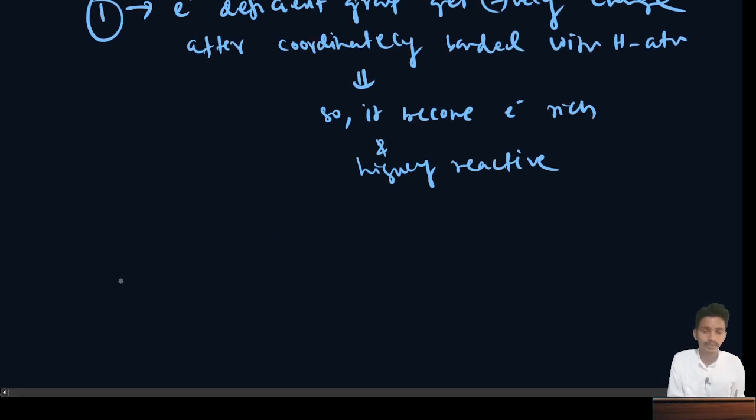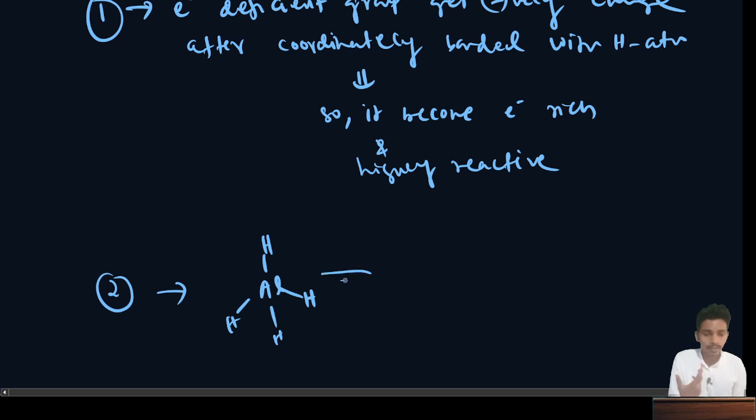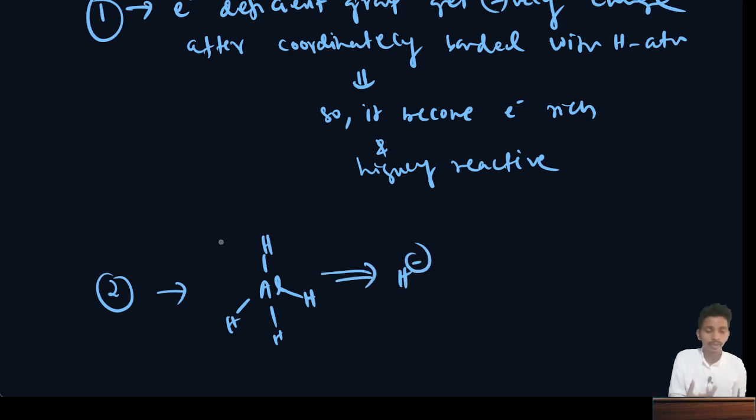And the second reason is this aluminum with its four hydrogens, where we are getting H minus. The valence electron of hydrogen is in the 1s orbital, and for aluminum the valence orbitals are 3s and 3p. The bond between 3s and 3p orbitals is very weak, because the orbitals differ in size and shape, so the bond formation between them is very weak.